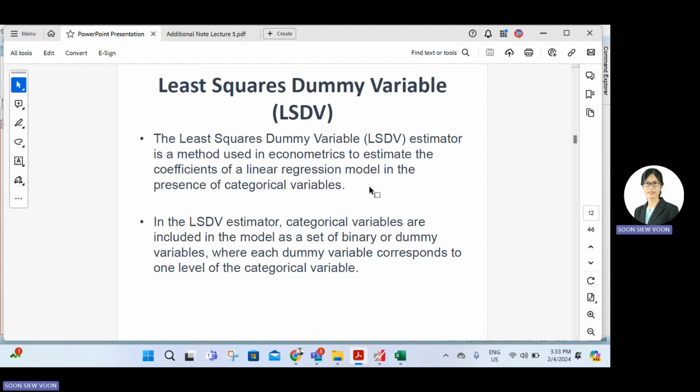One method is called least squares dummy variable. It is a method used in econometrics to estimate the coefficients of a linear regression in the presence of categorical variables. The categorical variable is a set of binary or dummy variables where each dummy corresponds to a level of the categorical variable.